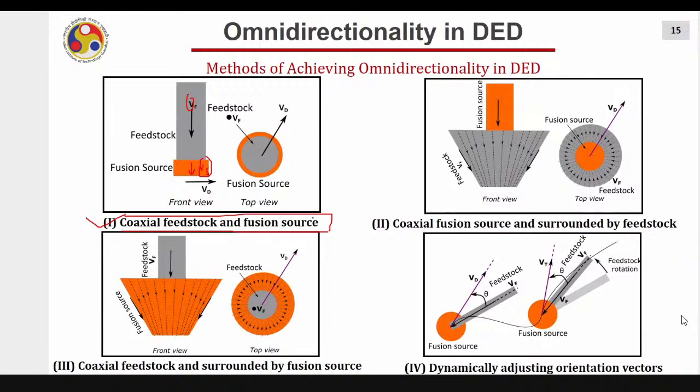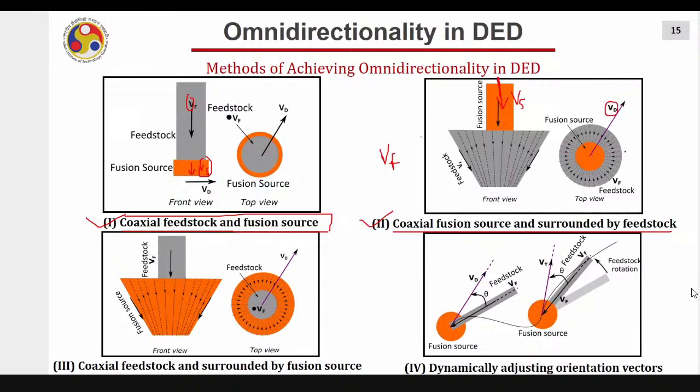Another method is a coaxial fusion source surrounded by feedstock. Meaning, the fusion source will be coaxial. It is coming from the center. This is the fusion source, and its vector is Vs. And it is surrounded like a cone by the vector Vf. And you are moving now in any direction Vd on the bottom.